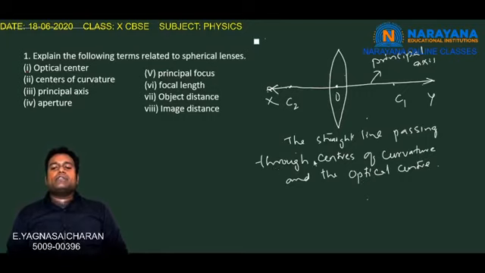The straight line passing through the centers of curvature and the optical center is known as the principal axis. There is another name for this principal axis. It is also called the central axis. So this is all about the principal axis.